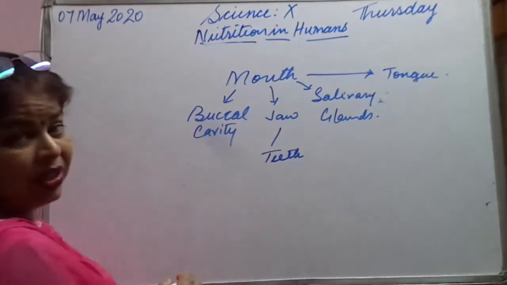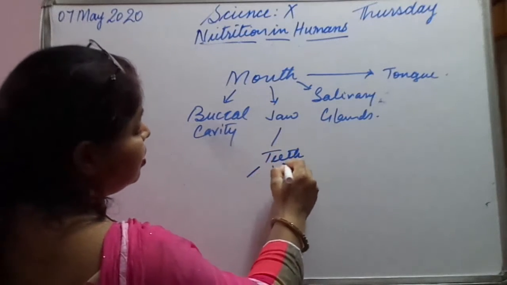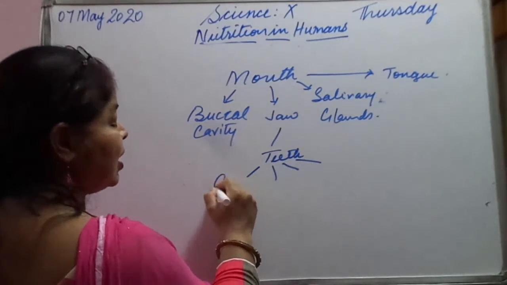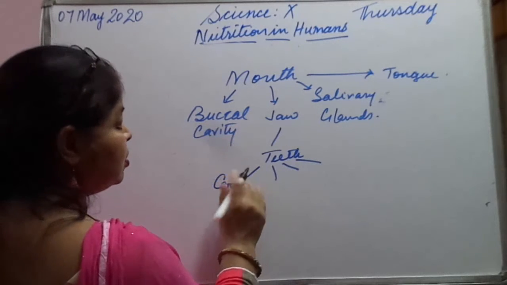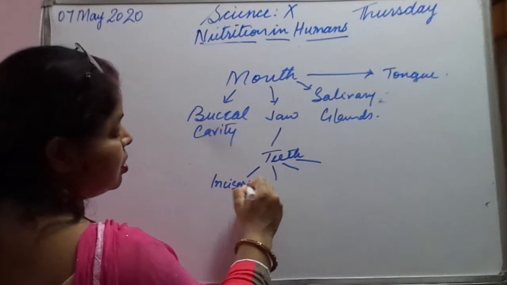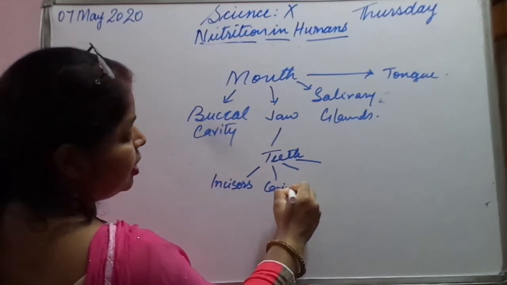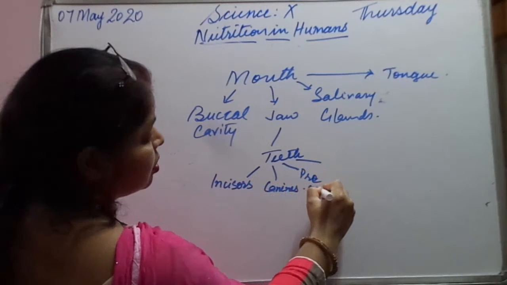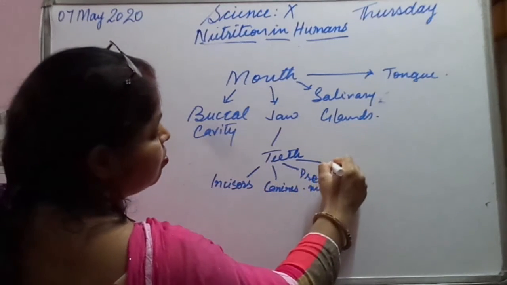How many types of teeth are there? There are 4 types of teeth. They are incisors, biting teeth, canines, tearing teeth, then premolars and molars.